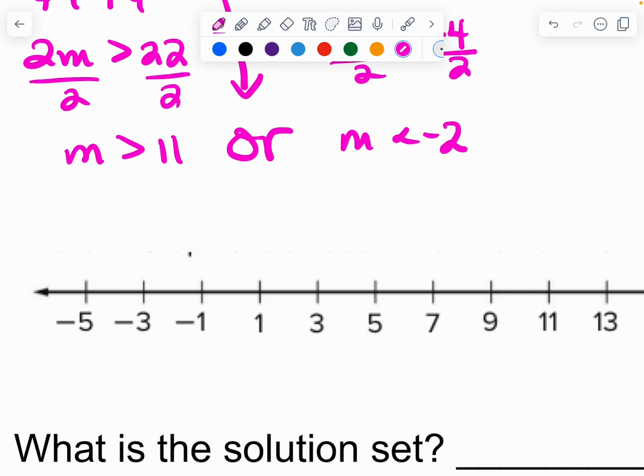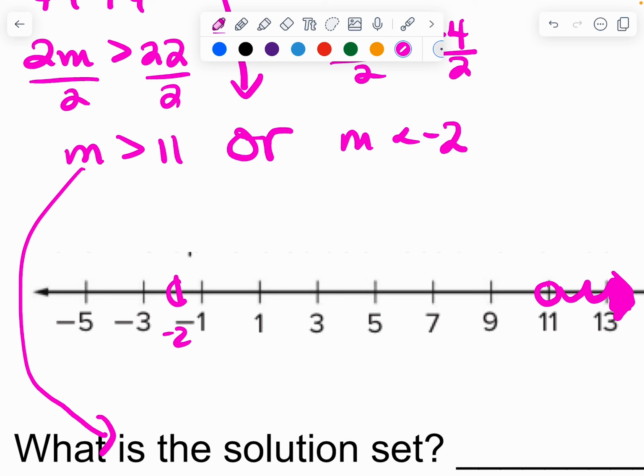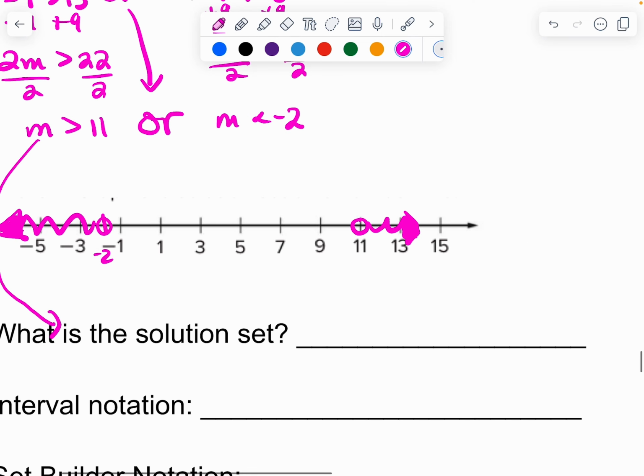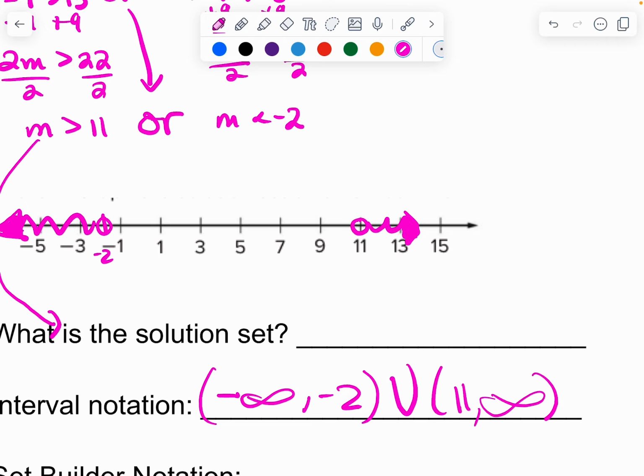And I come down, this goes there. Okay, greater than 11, open dot, greater than 11. Go down to negative 2, which is here, and it's the stuff that's less than that. Interval notation would be negative infinity up to negative 2, union 11 up to positive infinity.